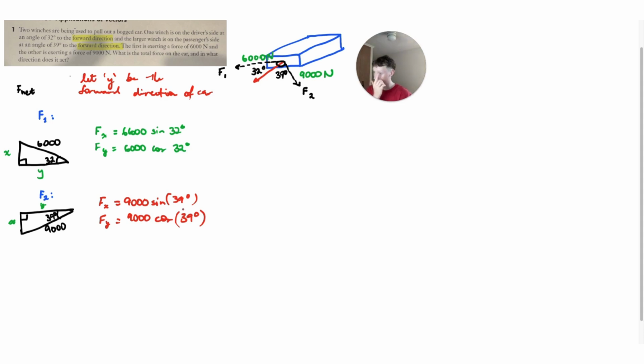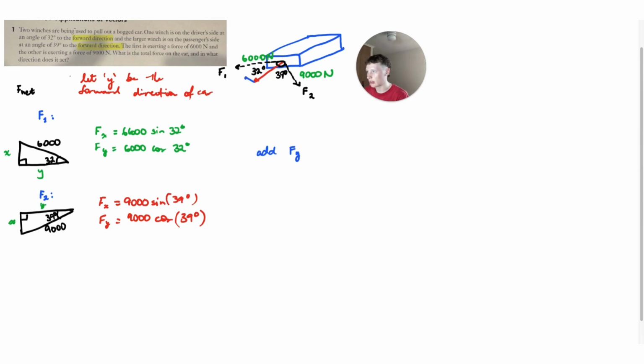So what we can see from just the diagram is that their Y values, their vertical component, their forward direction component, if you will, are both going in the same direction. So we're going to add F of Y. But the vectors that are going in the horizontal X direction, so towards the driver's side or the passenger side of the car, are going to be opposing.